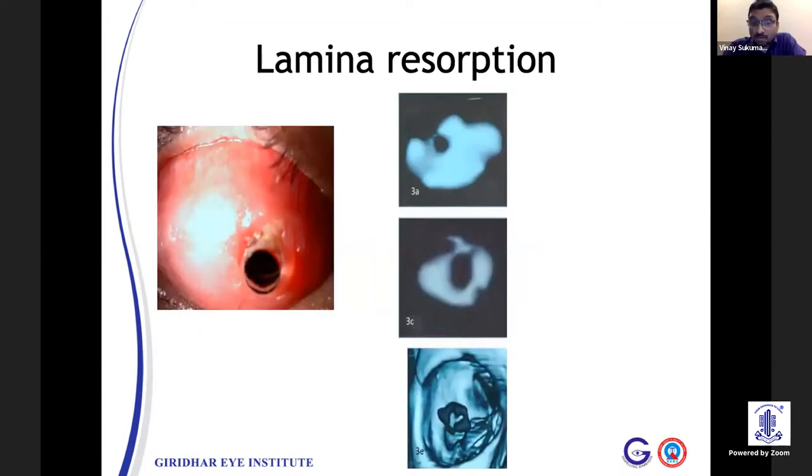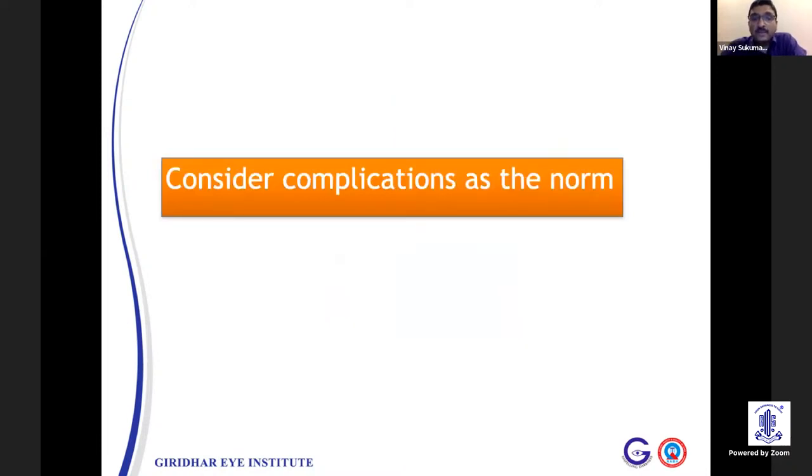Laminar resorption in the long run is another issue, but it is a pretty late complication, and again there are very limited options in this condition other than removing the lamina and either going for a new lamina or changing the type of keratoprosthesis. So in short, in keratoprosthesis, consider complication as a norm.